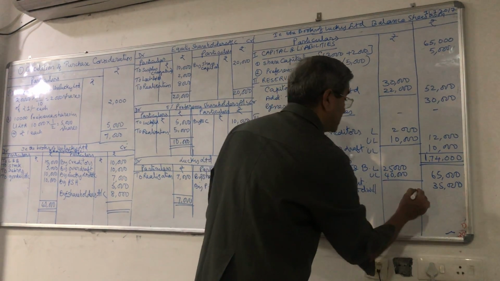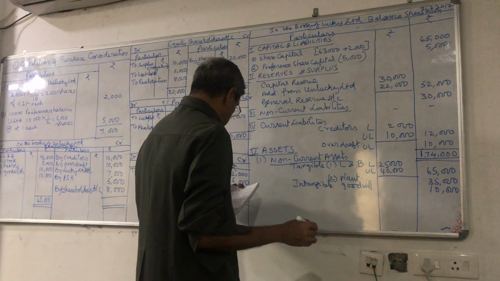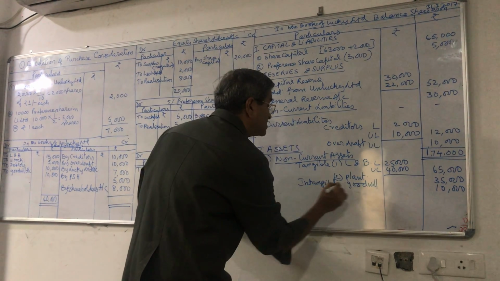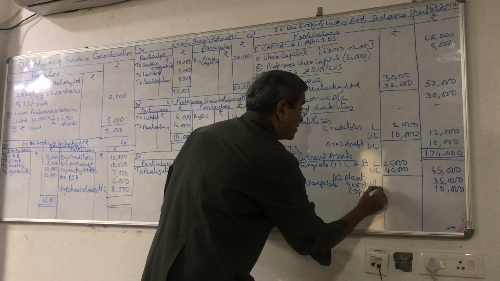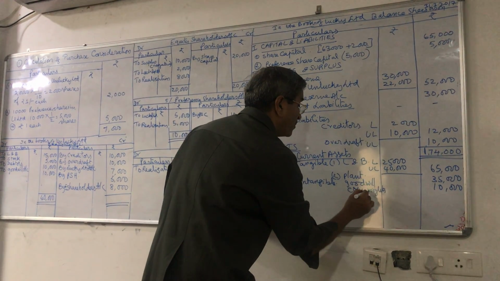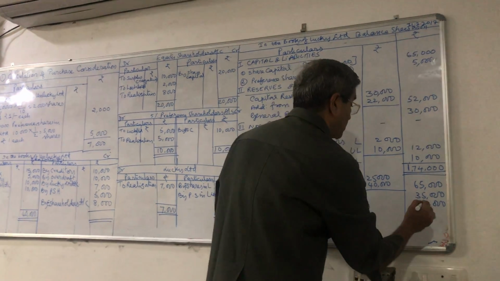That's appearing as 10,000. Then you have copyrights. This also you have only in Lucky Limited, 5,000.